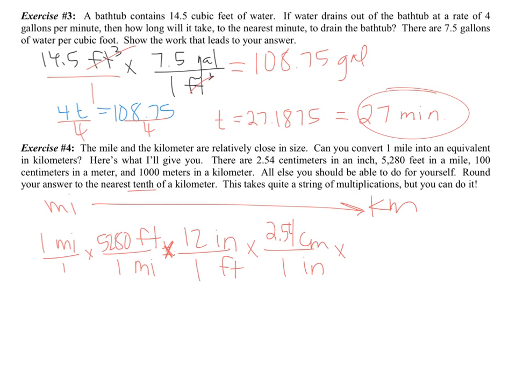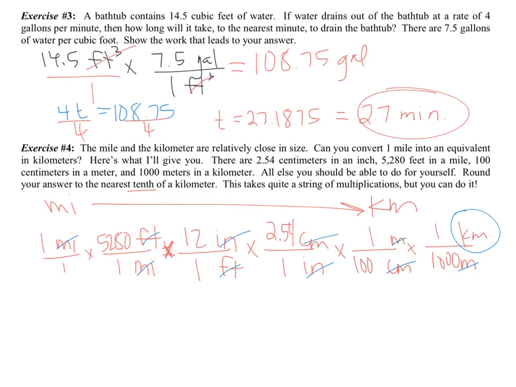Now from centimeters, we can go to meters. So in 1 meter, there's 100 centimeters. And then from meters, we can go to kilometers. In 1 kilometer, there's 1,000 meters. So now let's cancel out all of the labels we don't need. So miles cancel out, feet cancel out, inches cancel out, centimeters cancel out, meters cancel out. So we're left with kilometers. Now we just need to do the math.